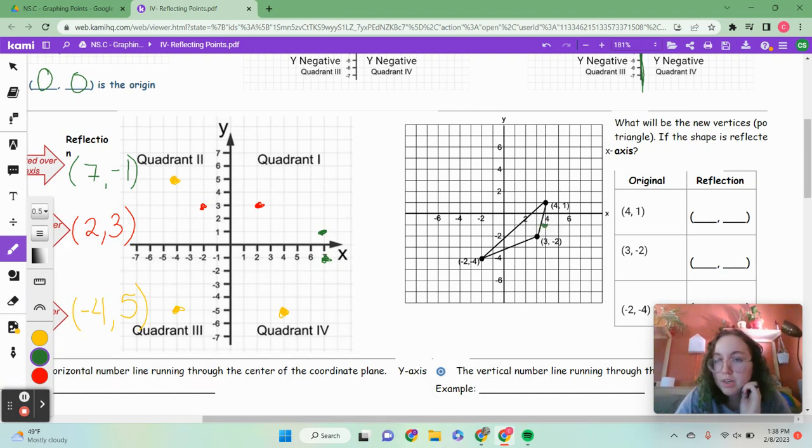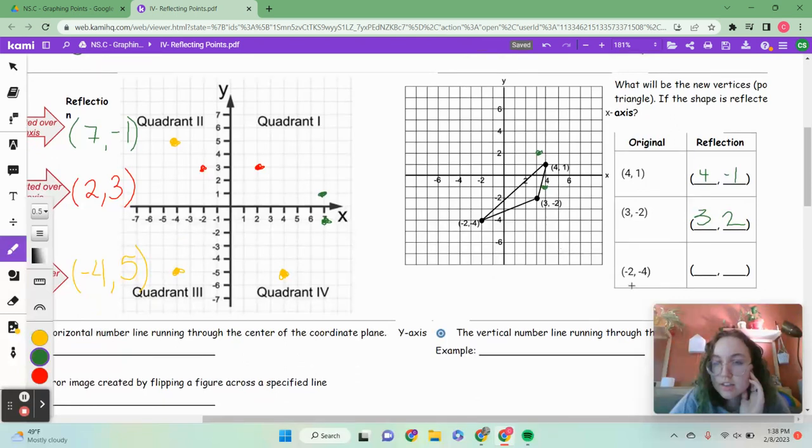That gives me the point (4, -1). If I want to reflect (3, -2) across the x-axis, from the x-axis I go down 2, so I can go up 2 from that same point. And we are now at (3, +2).